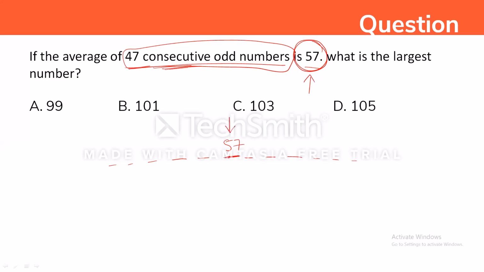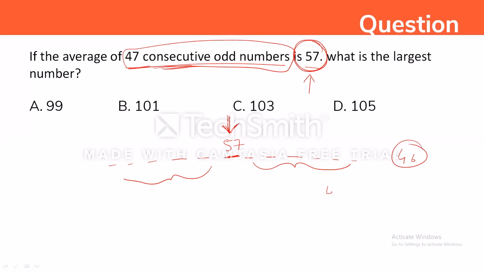Now out of 47 numbers, I'm taking the middle number as 57, which is the average. Can you guess how many numbers are on the left side? Total left side and right side will be 46, because already one number is placed in the middle.